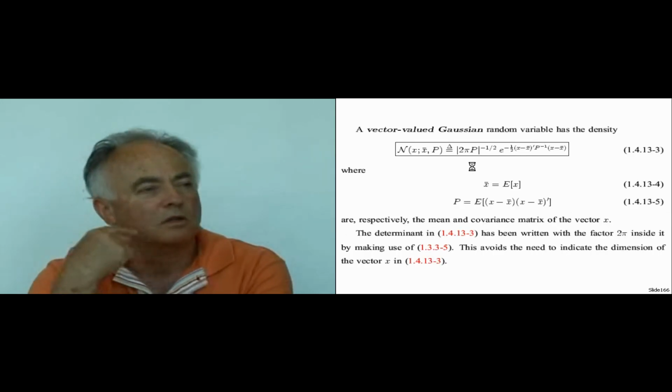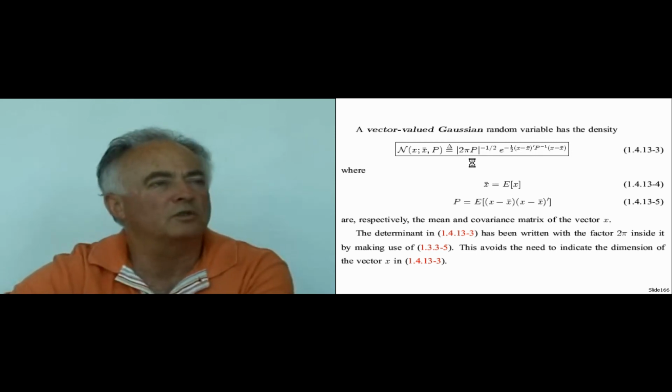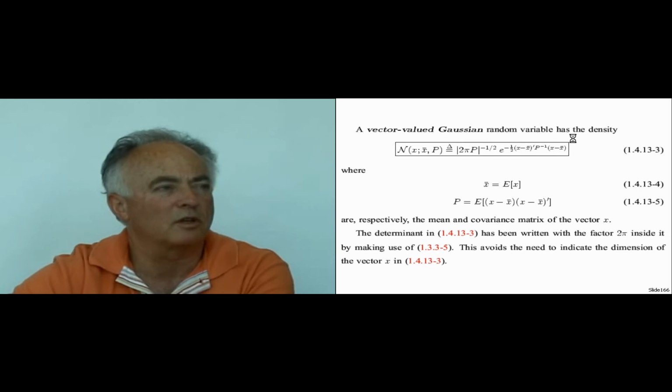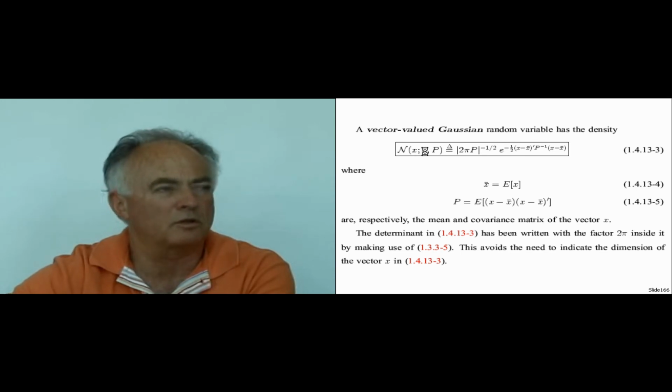Now, the more interesting thing is that a vector-valued Gaussian random variable will have a density. And again, we use exactly the same notation with the 3 arguments. X is the variable, x bar is the first moment, the mean vector now, this is a vector x, and P is the covariance matrix.